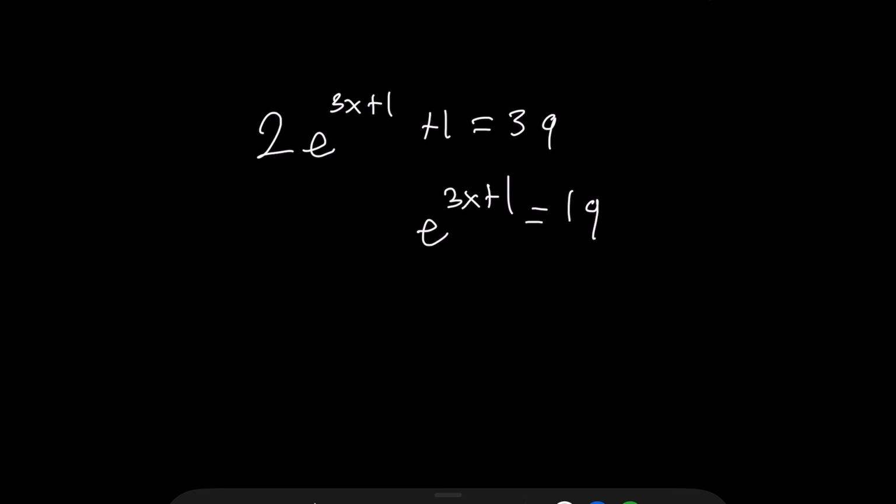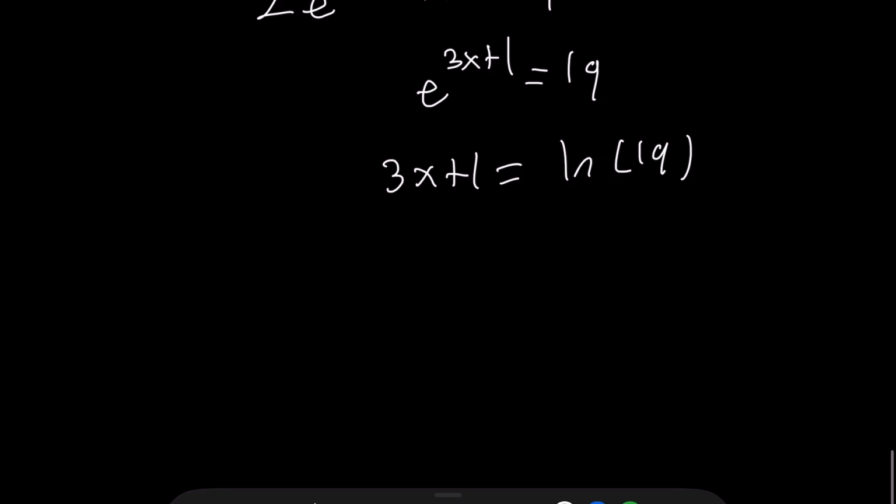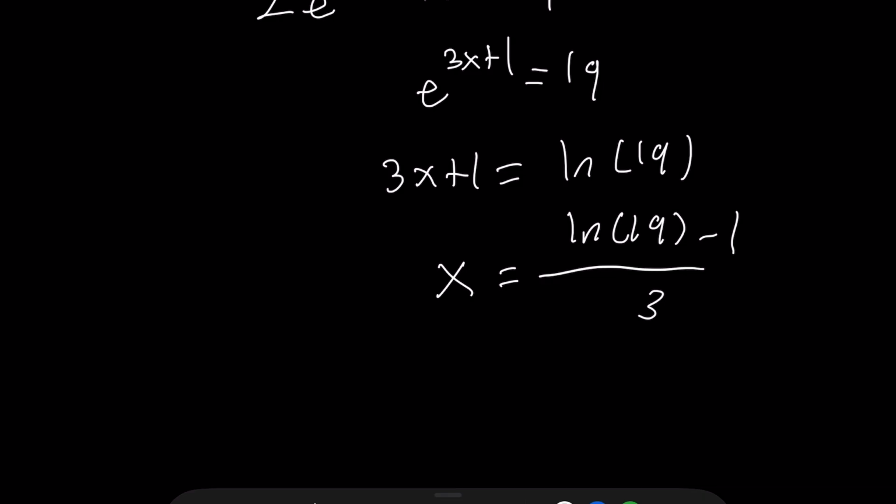And just so you know, ln is equal to log base e. So we're just going to ln both sides. That cancels the e on the left side. This gives us ln 19. And just solve for x. It's equal to ln 19 minus 1 over 3. You can plug that into your calculator and you should get some answer. Or you can leave it like that.